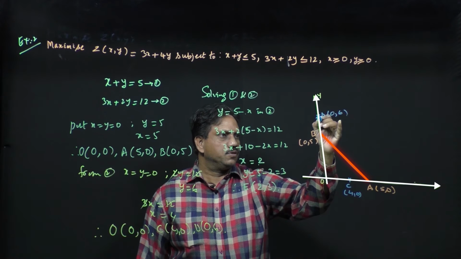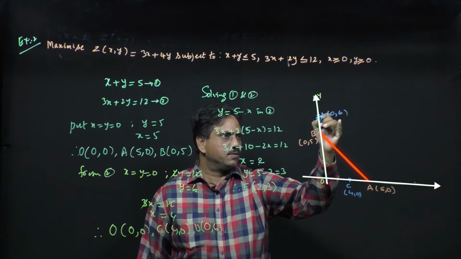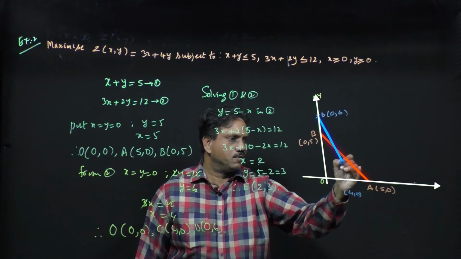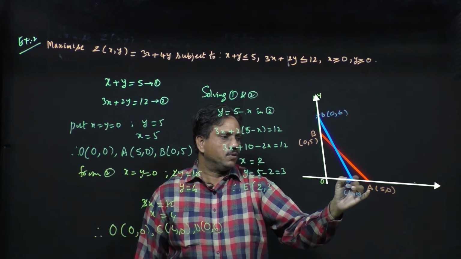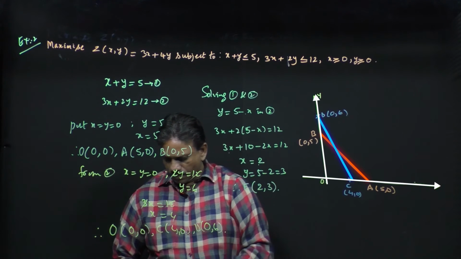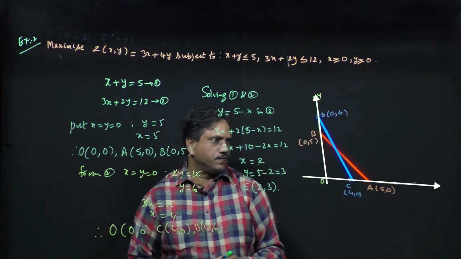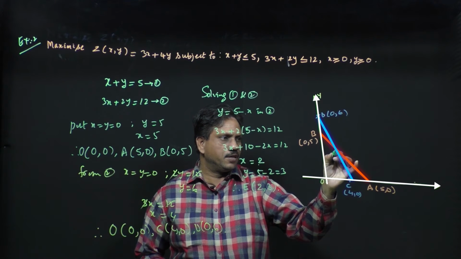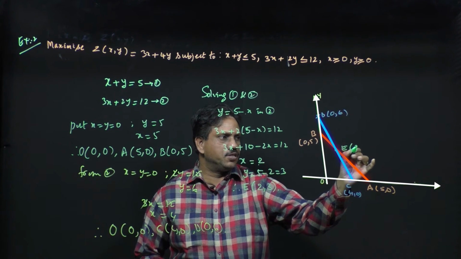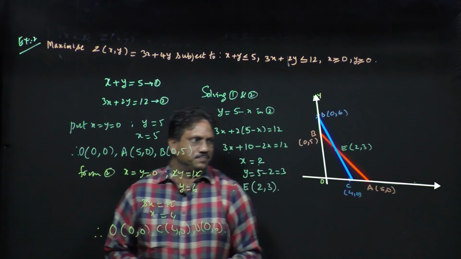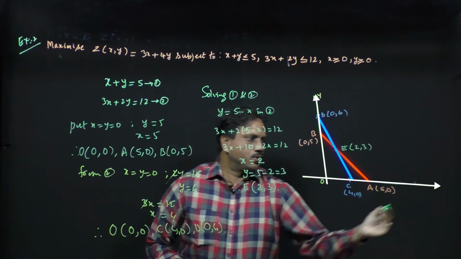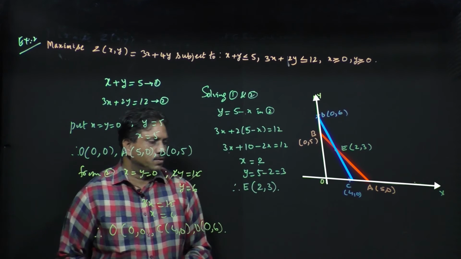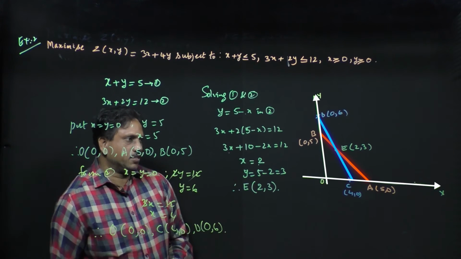If you join these two points, you get the line. The point of intersection of these two is the point E that we just calculated, which is 2, 3. Look here, now we have the equations.